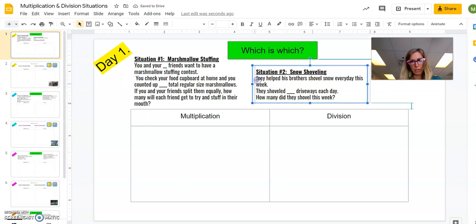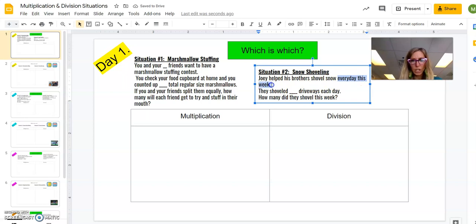Joey helped his brothers shovel snow every day this week. Way to go, Joey. Way to go. They shoveled driveways each day. How many did they shovel this week? Okay. So how many days? Do we know how many days they actually shoveled?